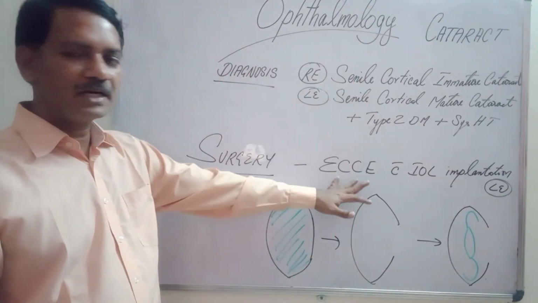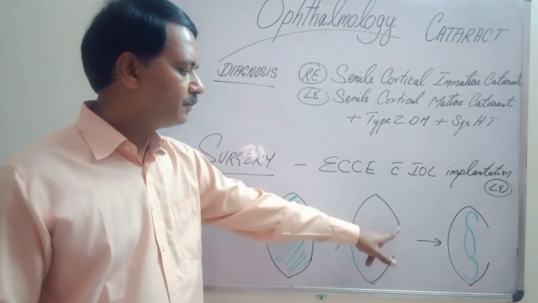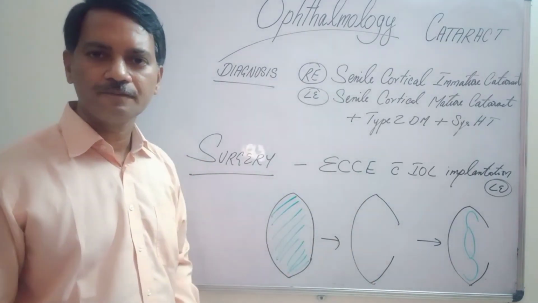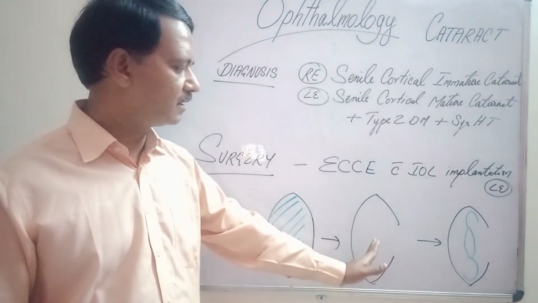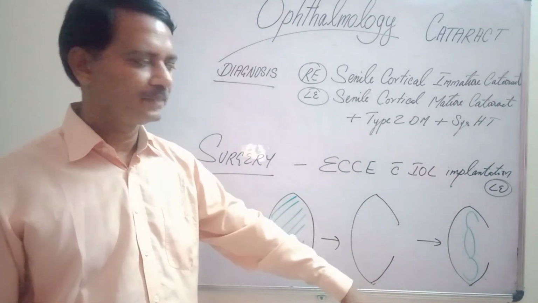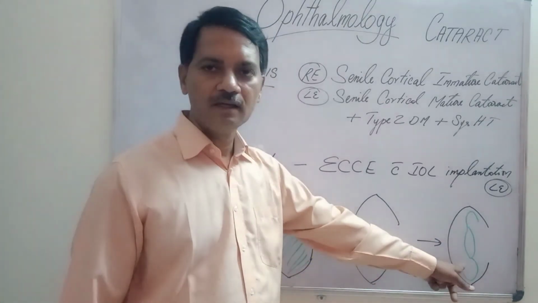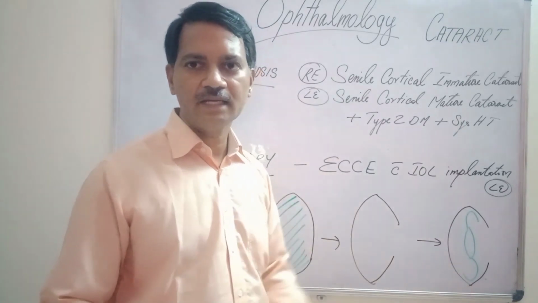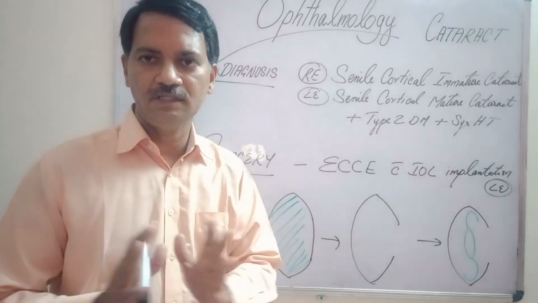In the extracapsular cataract extraction, we just open the central portion of the anterior capsule. The cataractous lens particles or matter is removed, and after removing it, we will place the intraocular lens inside the capsule and we finish the surgery.